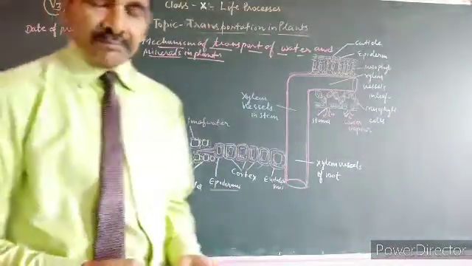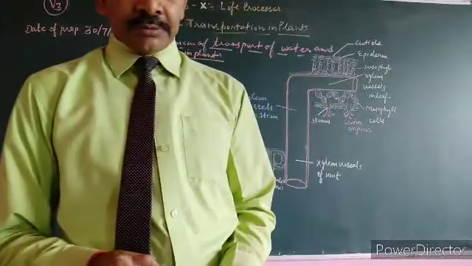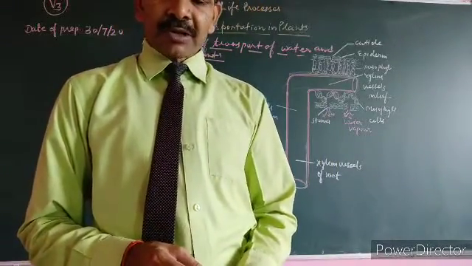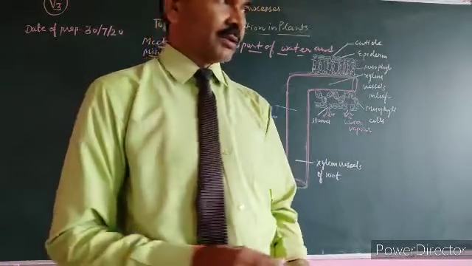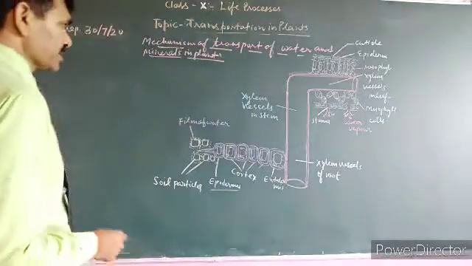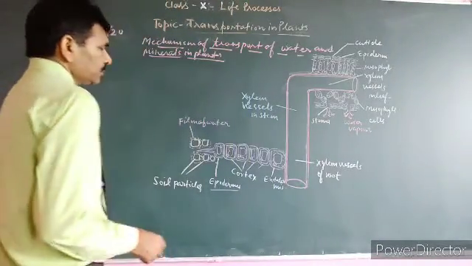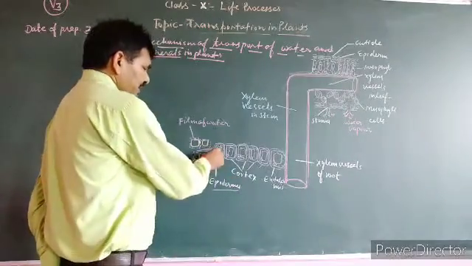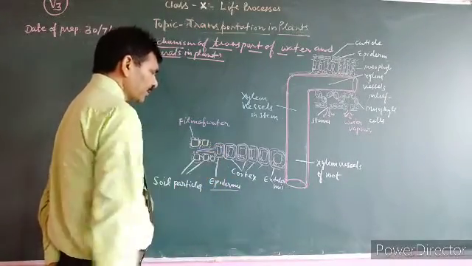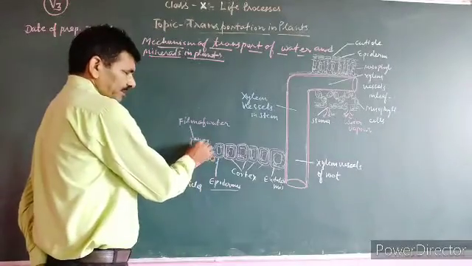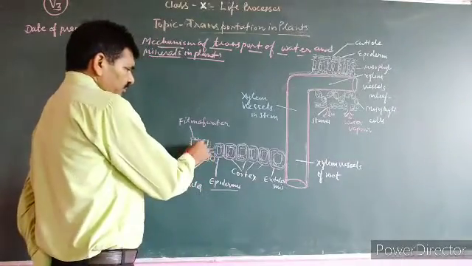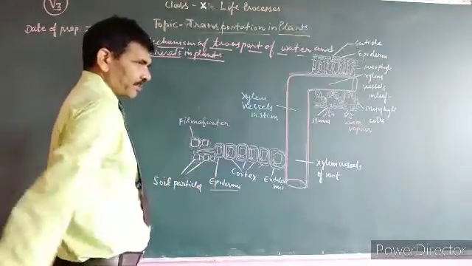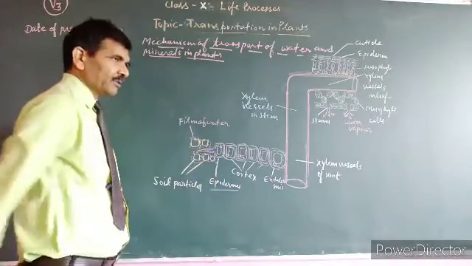Now see the mechanism of transportation of water and minerals in plants. So root hair, an extension of epidermal cells, remains in contact with the film of water present between soil particles.